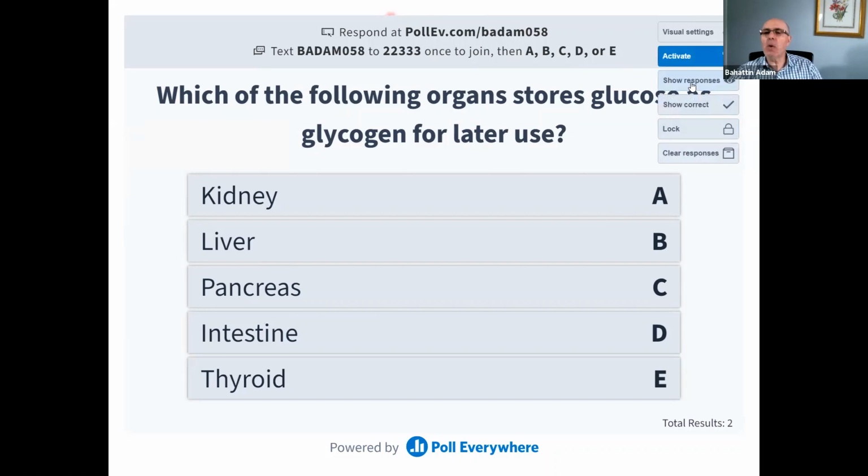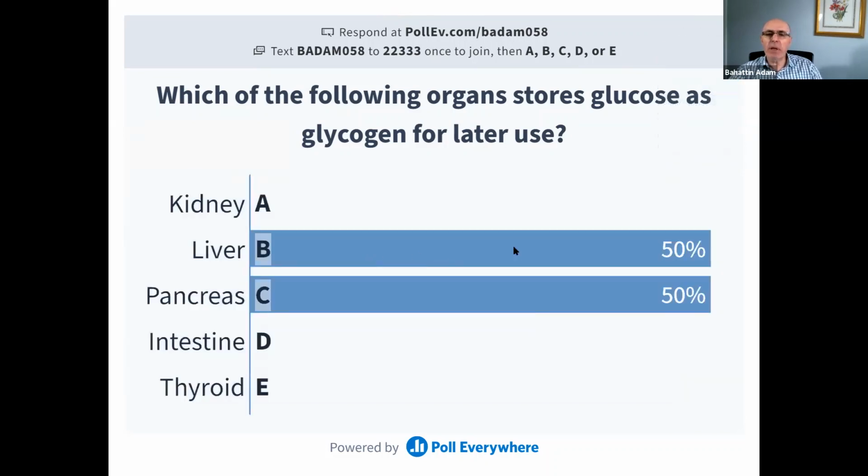Okay, thank you. Liver is the correct answer. The liver produces glycogen, converting excess glucose to glycogen for future use, and later the liver can break down the glycogen to produce glucose and send out the glucose to the brain, muscle, and other cells.